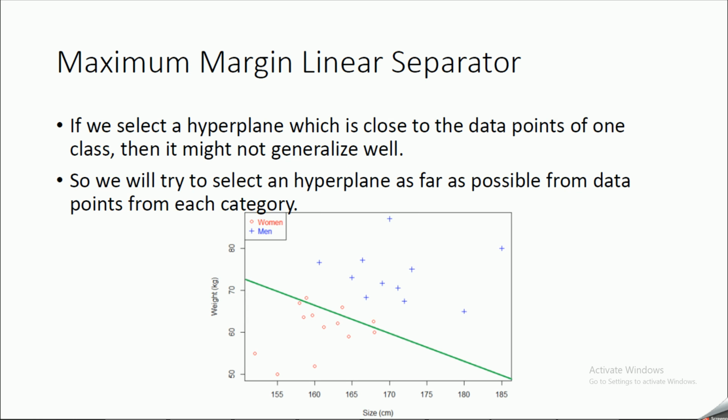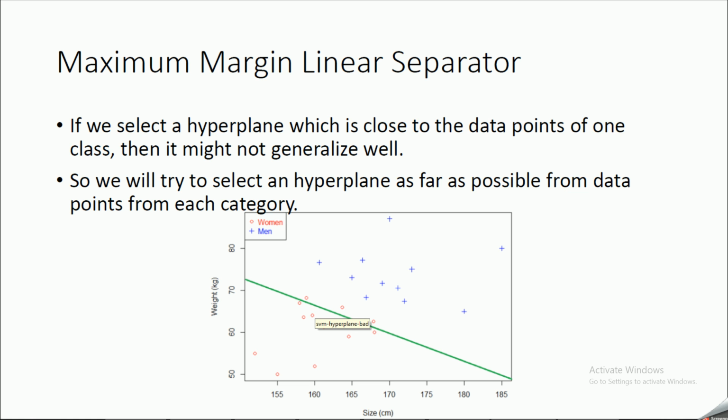If we select a hyperplane which is close to the data point, like the green one over here, then it might not generalize well. You can see the data points of women are very close. So if we consider another data set, generalization may be a problem.